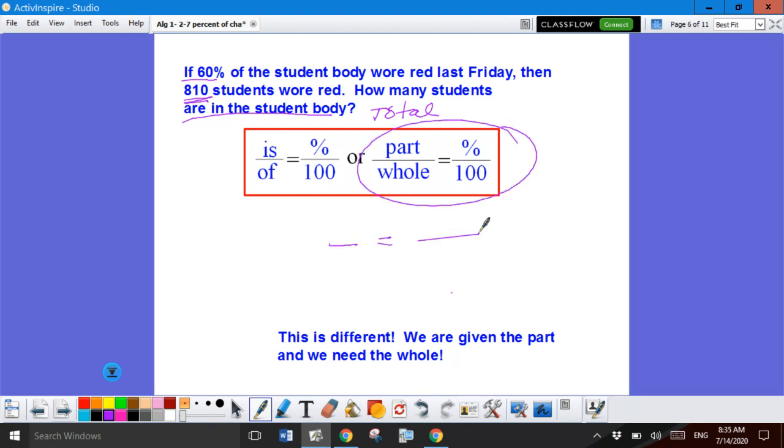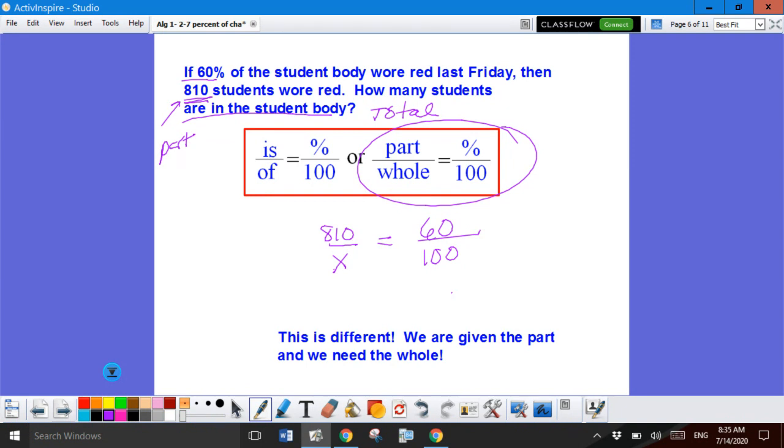So let's go ahead and set it up. My percent, 60. Here's my 100. What else do I know? I know 810. That is the part. And I do not know the whole.